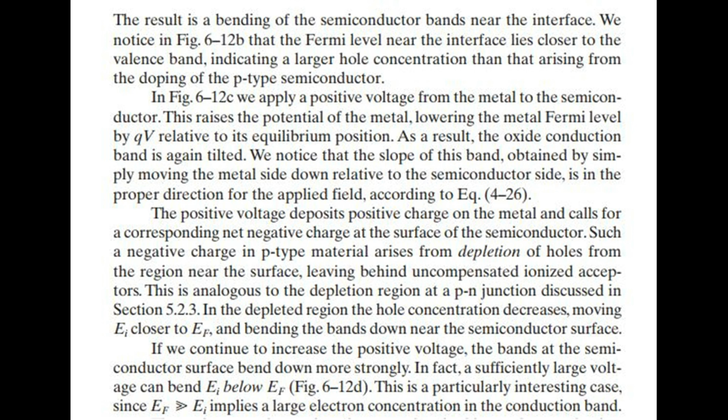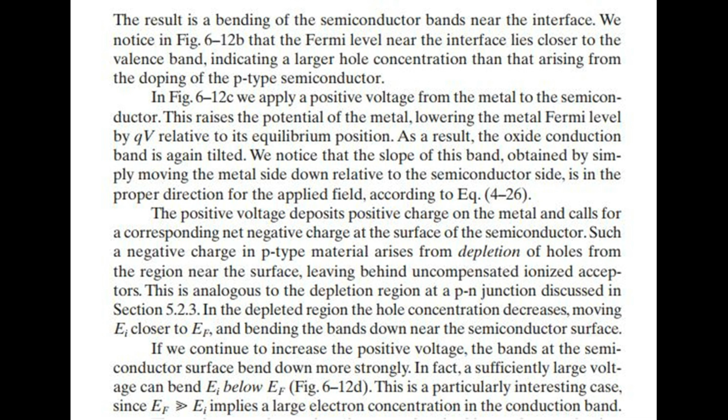This is analogous to the depletion region at a p-n junction discussed in section 5.2.3. In the depleted region the hole concentration decreases, moving E_i closer to E_F and bending the bands down near the semiconductor surface. If we continue to increase the positive voltage, the bands at the semiconductor surface bend down more strongly.